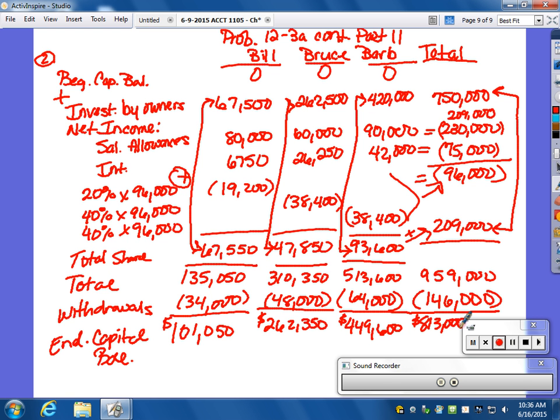I put it up here so you can see it the normal way we've been doing it, by subtracting it from the income. But normally I would have just put it down there. And that line is the total share line. That's why I put that arrow up there. Everybody understand everything else?